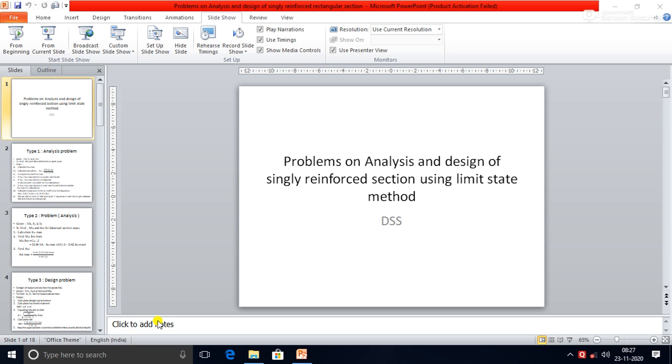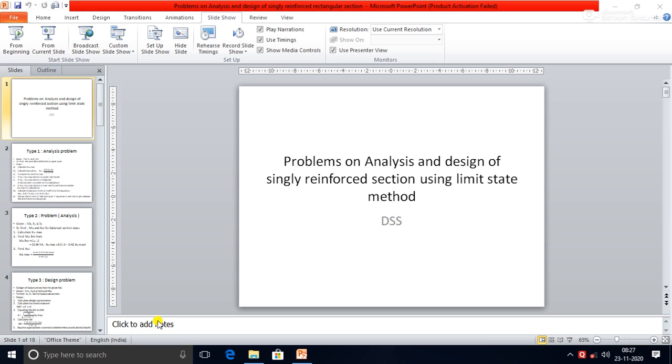Depending on Xu and Xu limiting, that is the actual neutral axis after loading, when we compare them, the section is a balanced section when Xu is equal to Xu limiting. When Xu is less than Xu limiting, that section is known as an under-reinforced section.